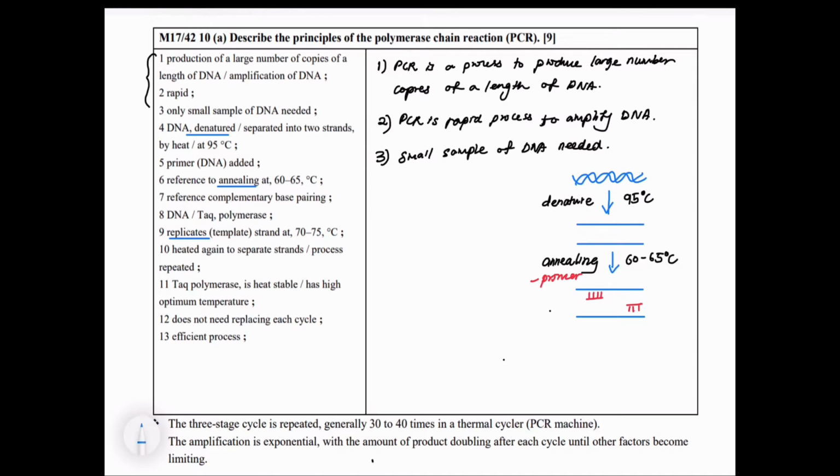And the last step will be elongation or replication, where you will see that the DNA gets replicated, and this involves enzyme Taq polymerase at the temperature of 70 to 75 degrees.